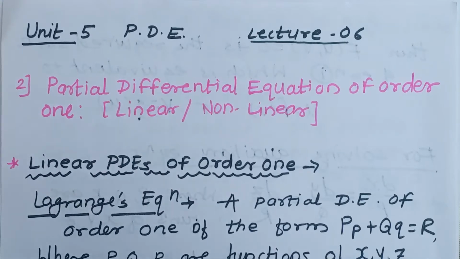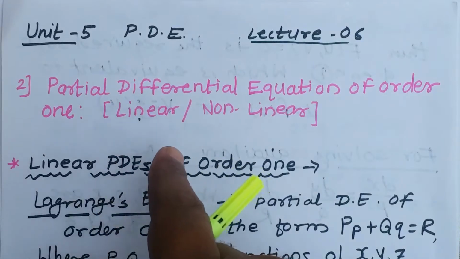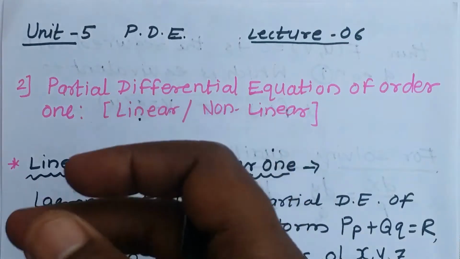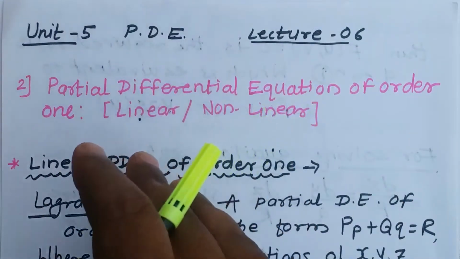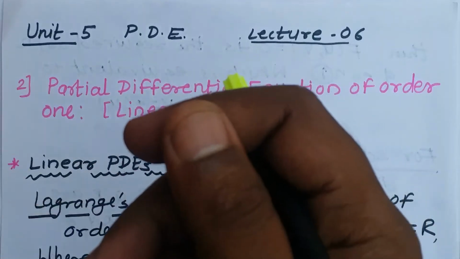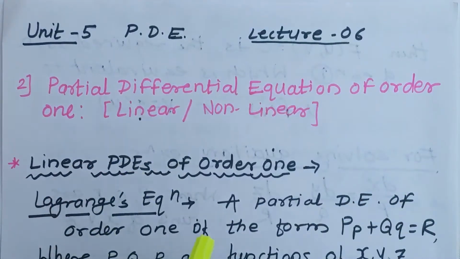Now, so far we have formed the partial differential equation from the solutions given. Here in this topic, we are going to obtain solutions of partial differential equations. That means a partial differential equation will be given to us and we are going to obtain its general solution.